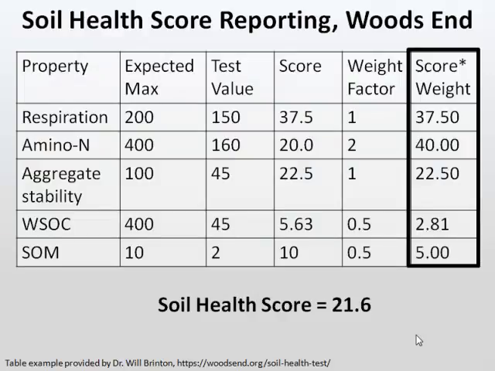Respiration, they give it a 1. Amino N, they give a 2. I'm not really sure where that came from or who developed that, but there's a whole lot of fudging and wiggle room with this. So I think the point is that understanding what your test value for respiration is, is important, but trying to figure out your total soil health score is a pretty futile exercise, okay?